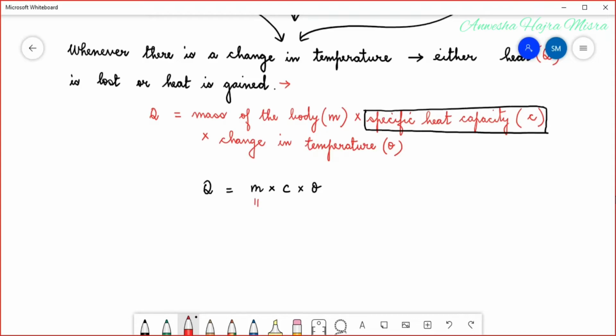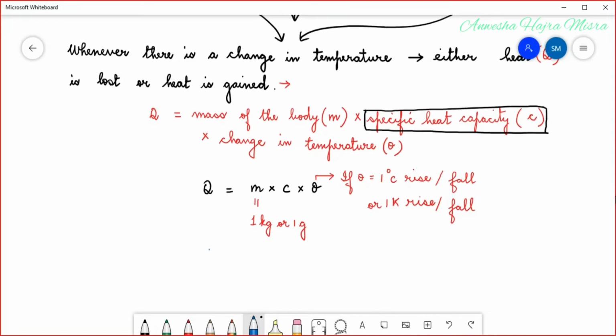Now if M is equal to 1 kg or 1 gram, if theta equal to 1 degree Celsius rise or 1 Kelvin rise or fall, it may rise or it may fall, then Q is equal to, mass is 1, theta is 1.